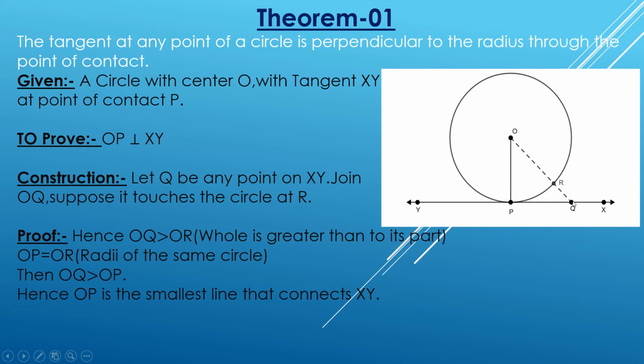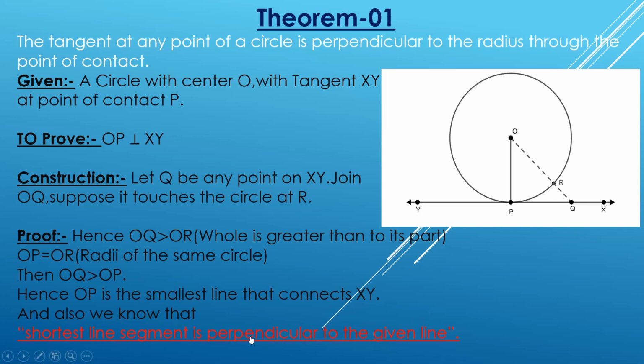That's why, by comparing these two lines, OP is the smallest line, or O has the least distance from the given tangent XY at the perpendicular P. Then we also know that the shortest line segment is perpendicular to the given line.